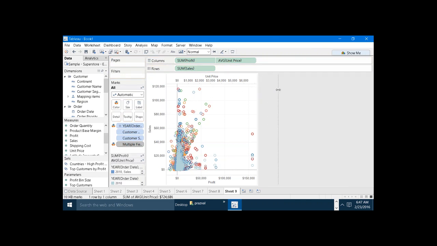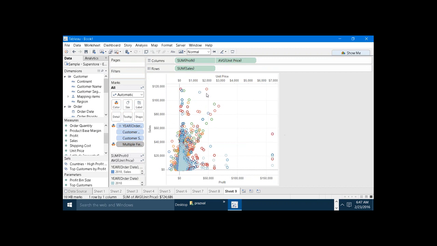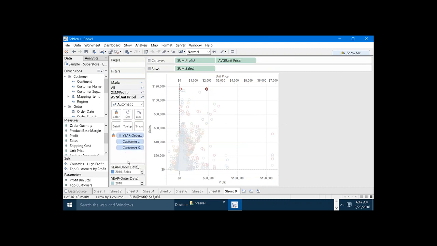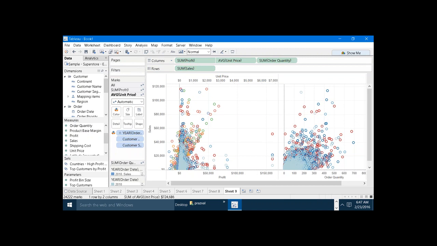Now we're comparing the status using the year, profit and the order quantity. Let me take the order quantity. So at most we can compare up to 3 to 4 measures.